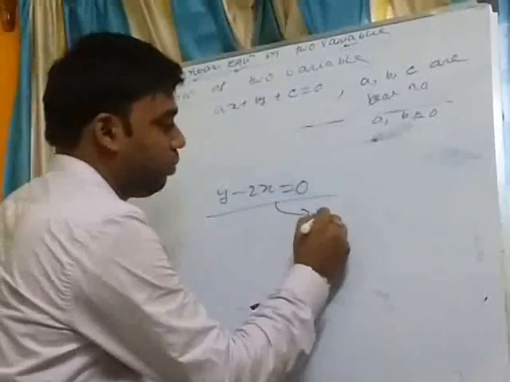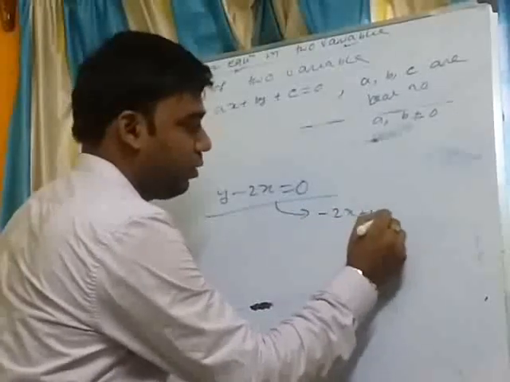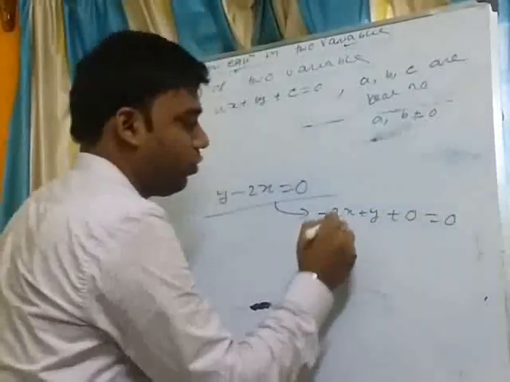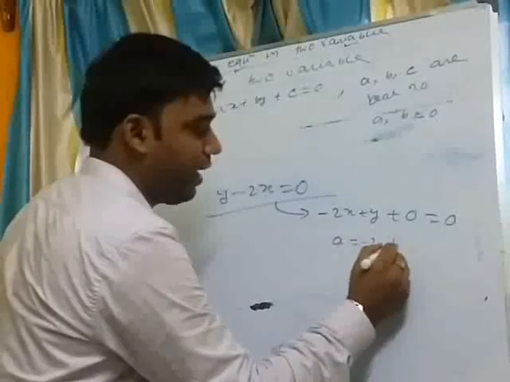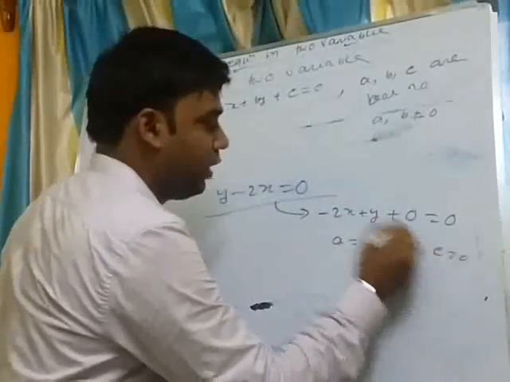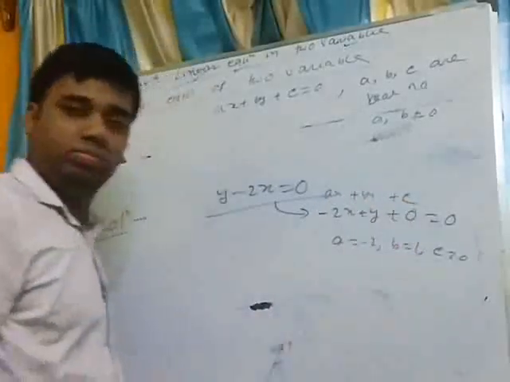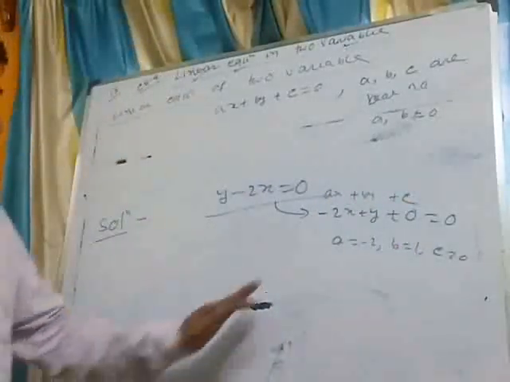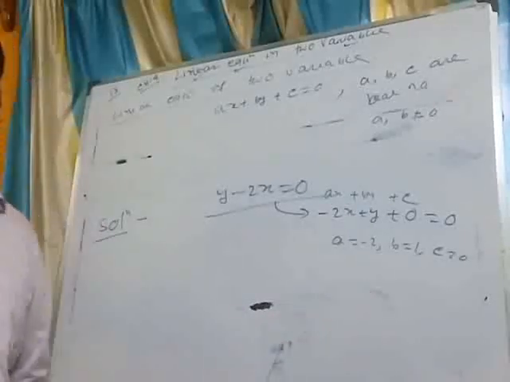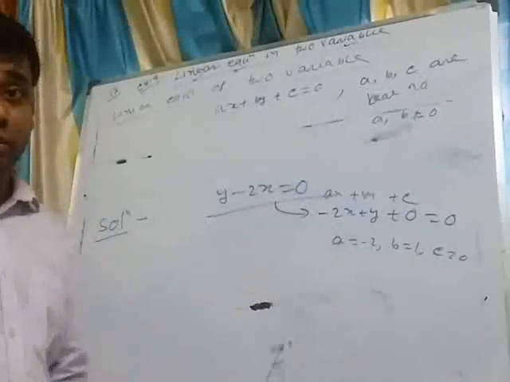What will be the values? Minus 2x plus y plus 0 equal to 0. So the value of a is minus 2, the value of b is 1 and the value of c is 0. That is ax plus by plus c equal to 0.